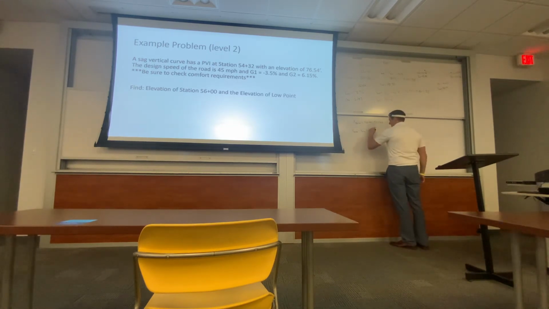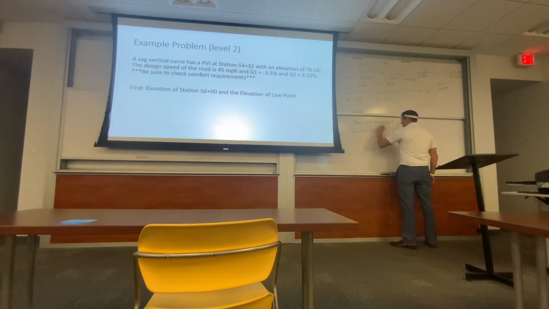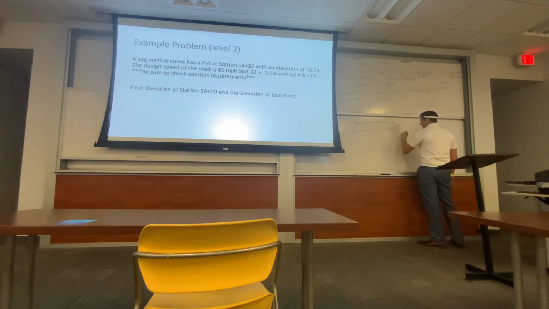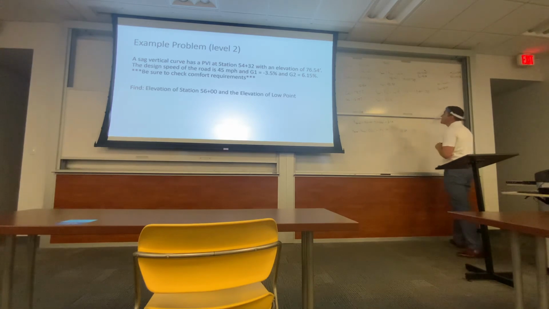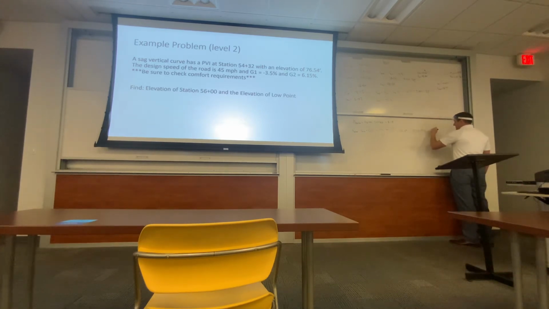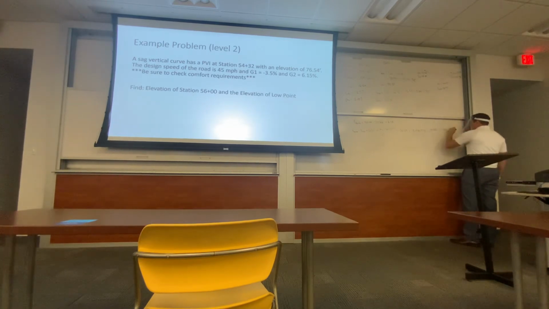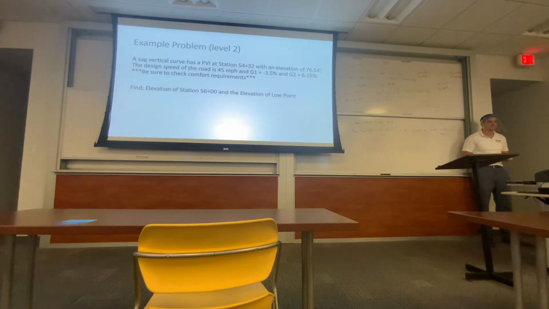G1 X plus G2 minus G1 x squared divided by 2L equals Y at the station. 90.89 plus negative 0.035 times 578 plus 0.0615 minus negative 0.035 times 578 squared divided by 2 times 840. 820. 820, that was a good catch, solid.